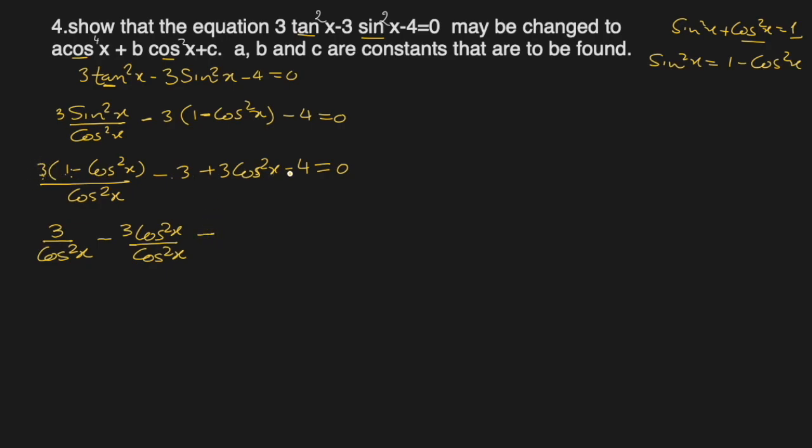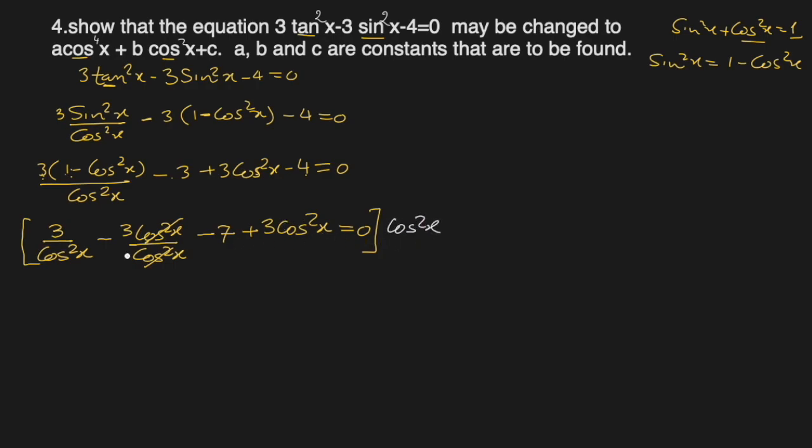I will do minus 3 and minus 4 is minus 7 plus 3 cos squared x equal to 0. And this cos squared and cos squared cancel. And we have a denominator cos squared here, which we can get rid of by how? Multiplying by cos squared x.